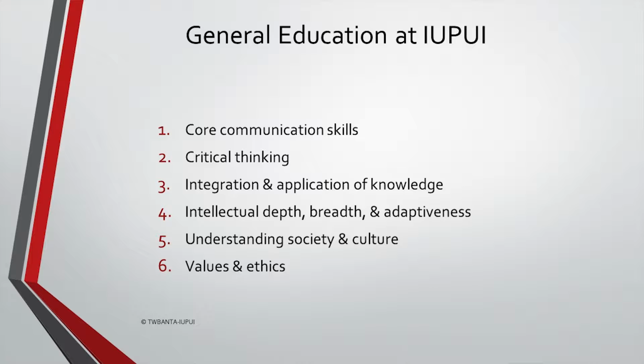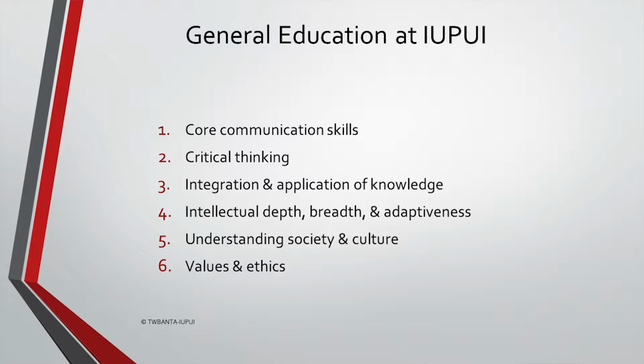We have said that every course from the 100 level through to the 400 level should emphasize 1, 2, or 3 of these so that students have multiple opportunities to learn the learning outcomes that are associated with these broad goals.